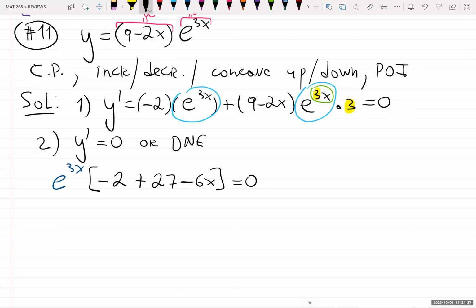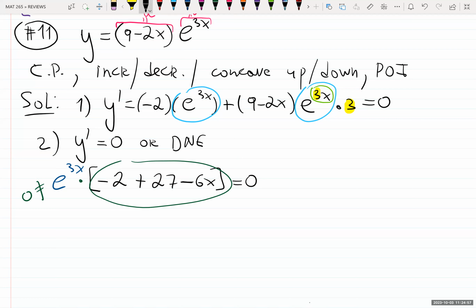equals 0. Well, guess what? The exponential function cannot be 0, if you remember that. Can you imagine e to anything that gives you 0? No. So from these products, you only need to check this guy: minus 2 plus 27 minus 6. Okay, looks okay to me.